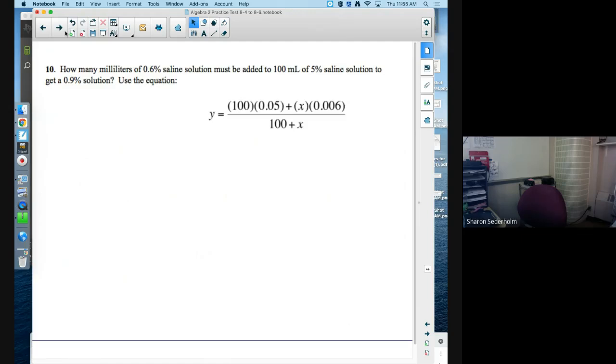How many milliliters, 0.6%, must be added to 100 milliliters of 5% to get 0.9%. Oh, that's not up there yet, is it? So where is the 0.9% going to go in this equation? It will. And we have to change it into a decimal. What would it be as a decimal?